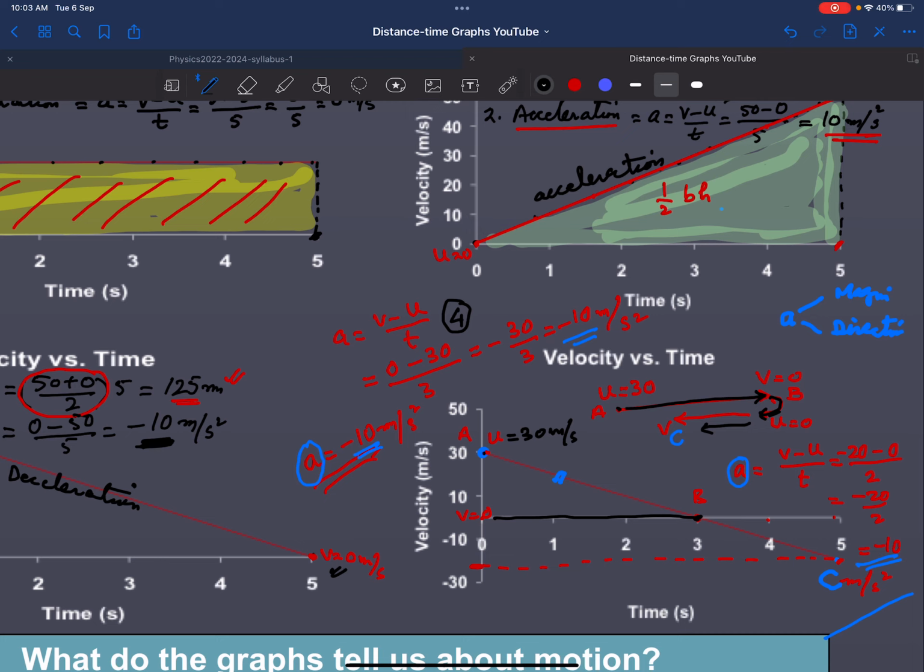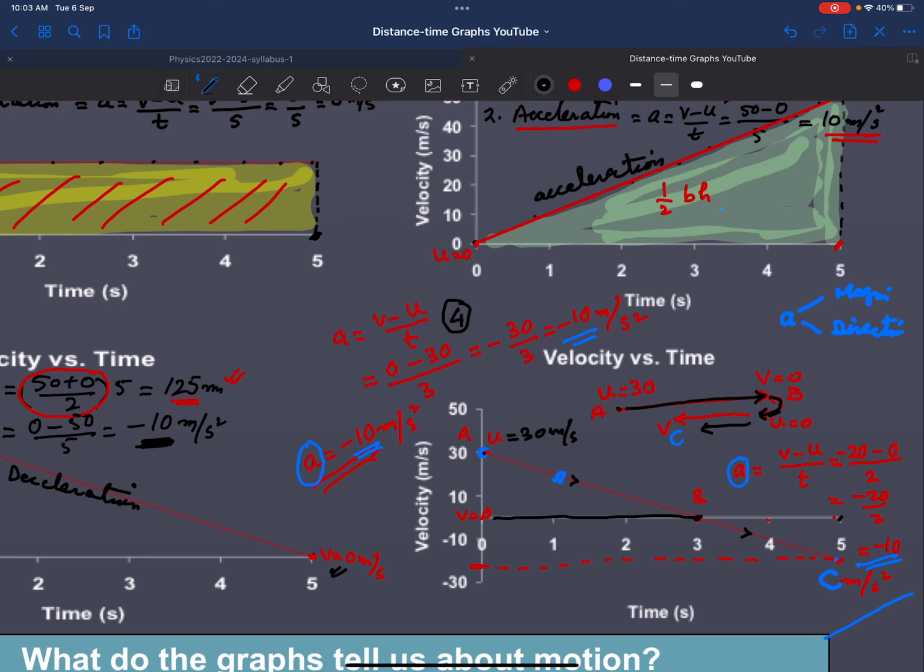After 3 seconds up to 5 seconds, the velocity is increasing on the negative side. So remember this point, that this situation is very, very important. The negative velocity is increasing. Here the positive velocity is decreasing.